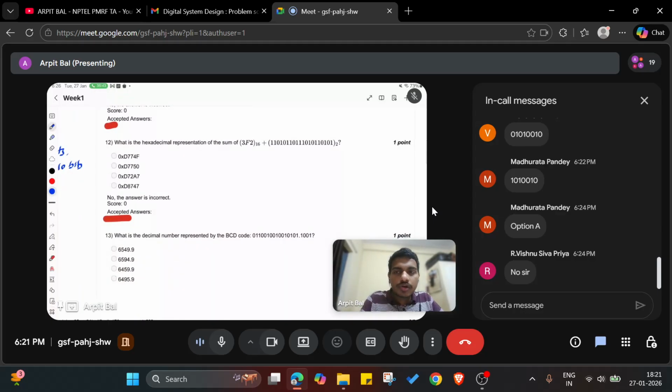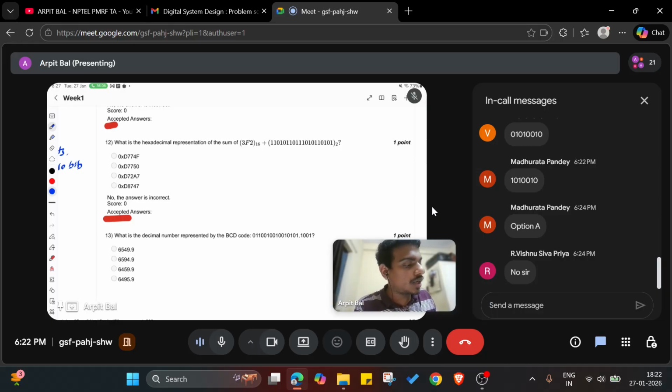Okay. So moving on to the next question. What is the hexadecimal representation of the sum of 3F2 base 16 plus this complete sequence that is given to you? If I have to do such kind of addition, the first thing I need to do is convert both into a common representation.